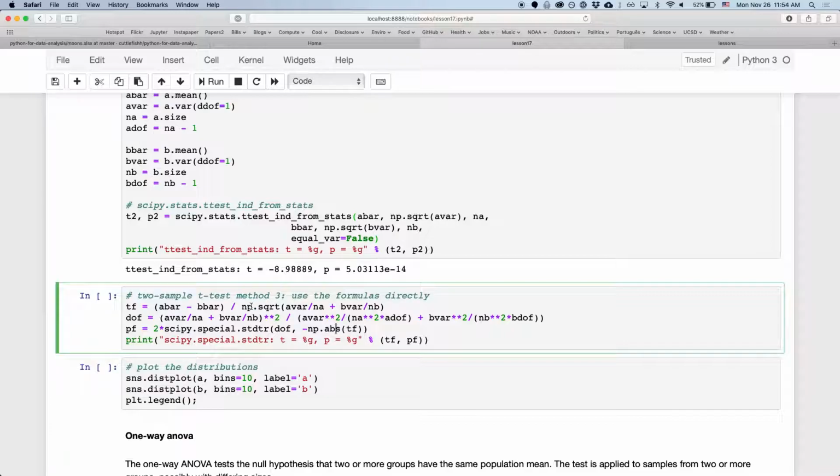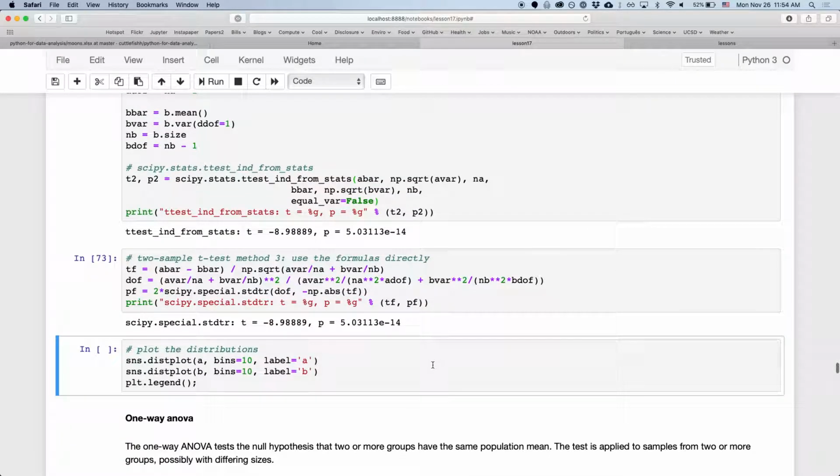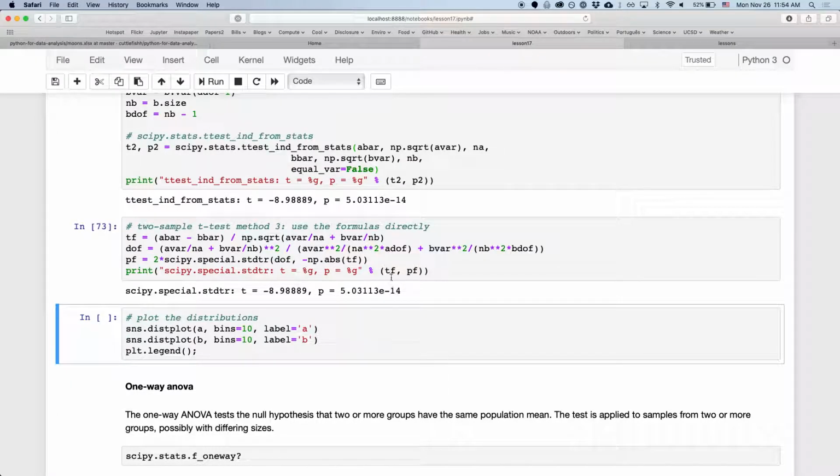So here we're using the formulas that are used to compute these different statistics, and then evaluating based on the t-statistic and the p-value. So the f here is just t from the formula and p from the formula. So different ways to get the same thing.